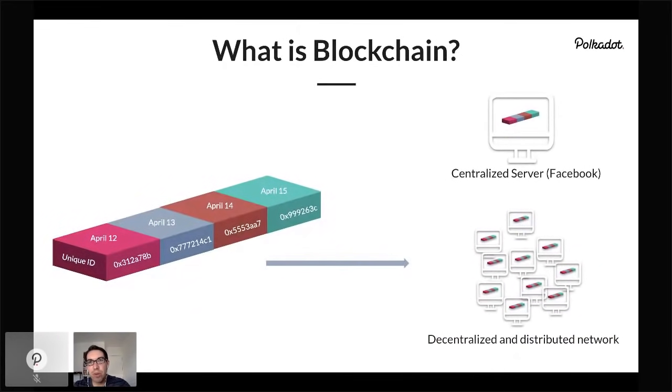The reason nobody can change these things is because this data is not stored in a single place. If Facebook.com went offline, there would be no way for anyone to access their data on Facebook. But with blockchain, it's a decentralized network.